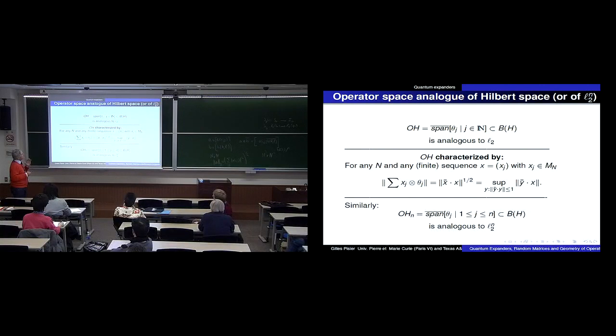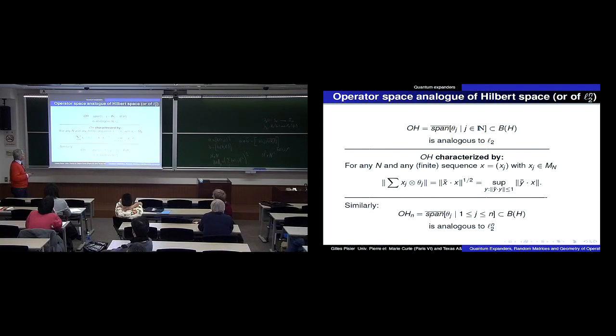You can show that there is a system of bounded operators on Hilbert space, which I denote here theta j, which is an analog of the orthonormal basis of Hilbert space in the following sense.